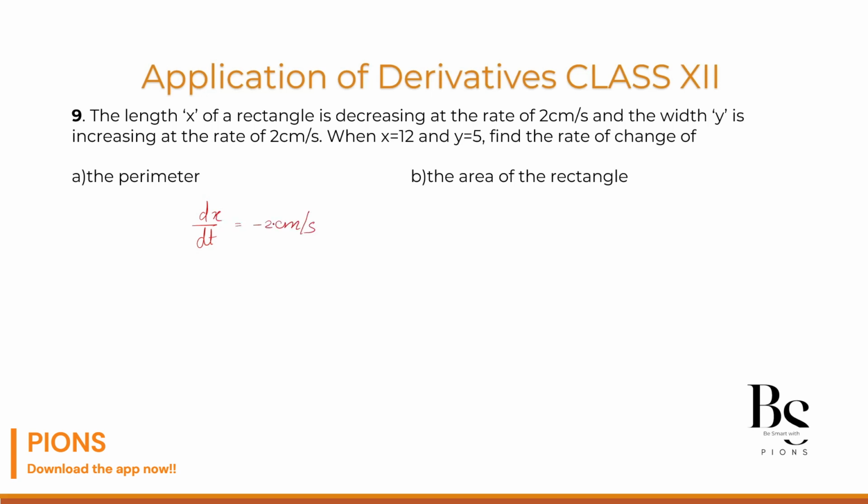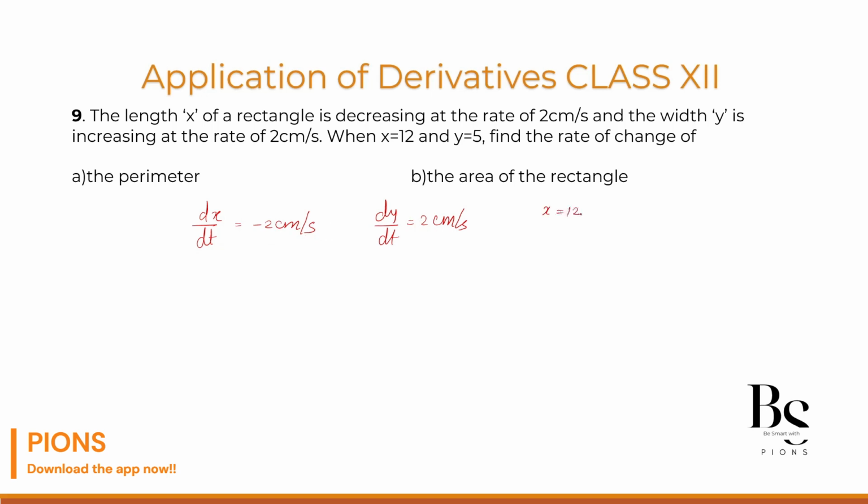That's the most common mistake students make. Though this comes in a very simple 1 or 2 marks question, students make this mistake. So dx by dt is minus 2 centimeter per second, and for the width, dy by dt is how much? 2 centimeter per second, because it's increasing. One is increasing, one is decreasing. You can clearly see from plus and minus.